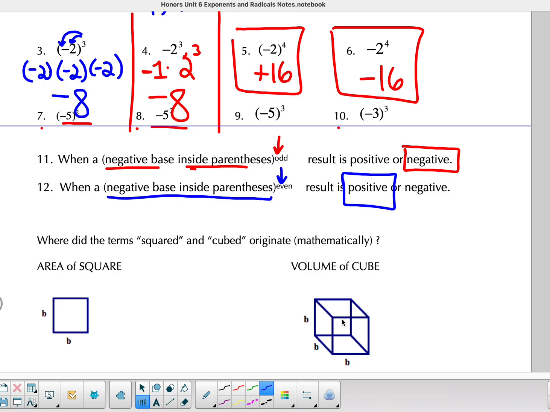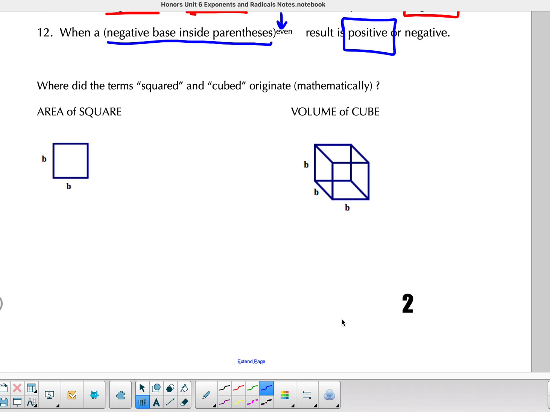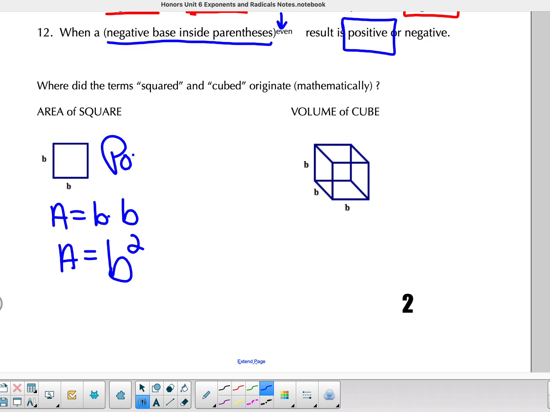And then to talk about the origin of squared and cubed, if you're representing the area of the square, it's base times base, or b squared. So the reason why anything raised to the power of 2 is called squared is based on the area of the square.